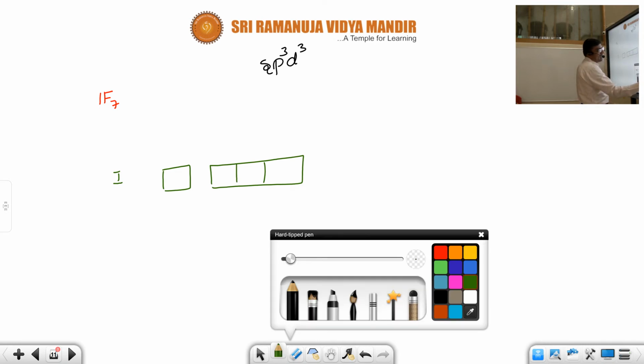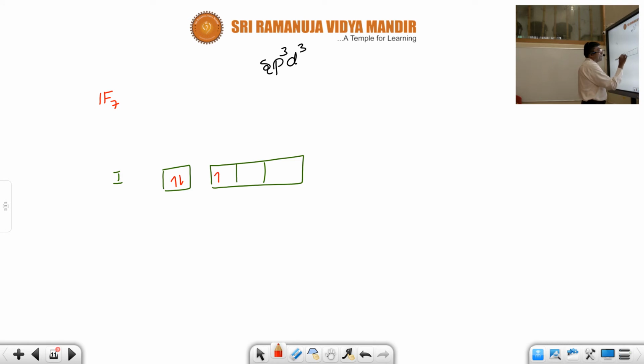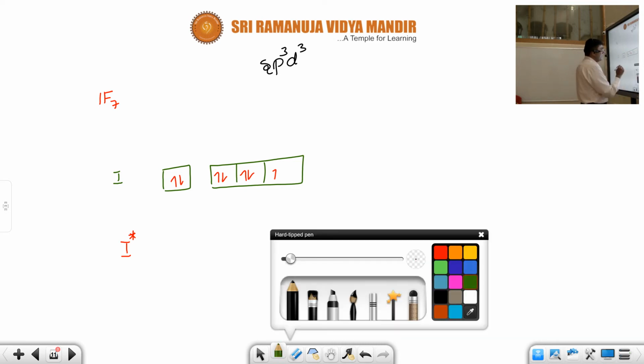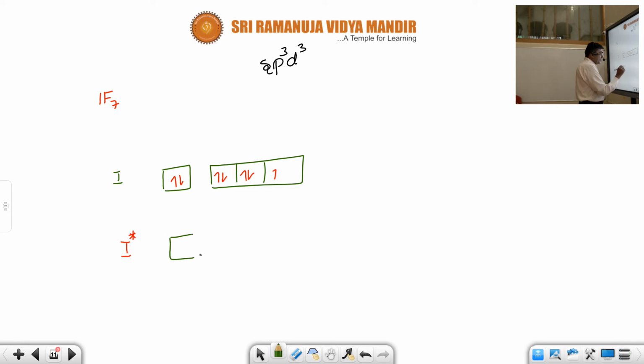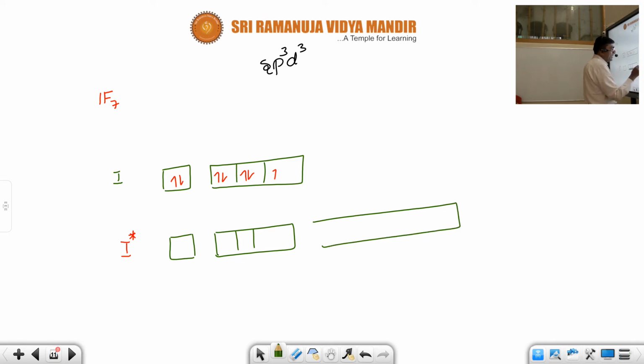You know very well, iodine is 5s2 5p5. Write its excited state, because how many bond pairs you have to accommodate? 7. How many are there here? 1. So you have to accommodate 7 bond pairs. For that, all 3 paired electrons should be excited.